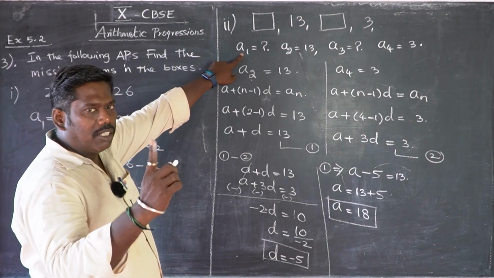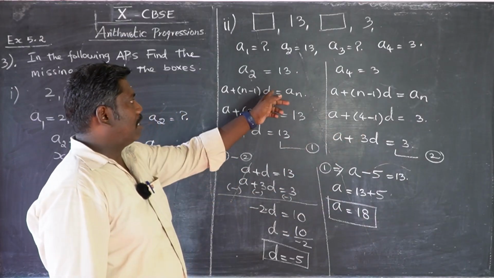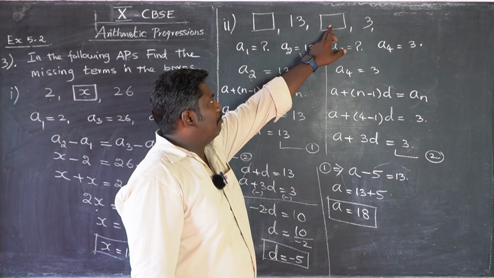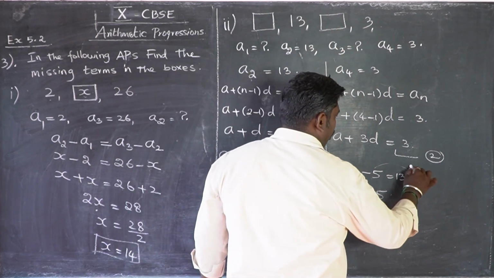Now here there are two missing boxes. a1, that means first term. First term value is equal to 18. Next the missing term is the third term. We are going to find the third term.